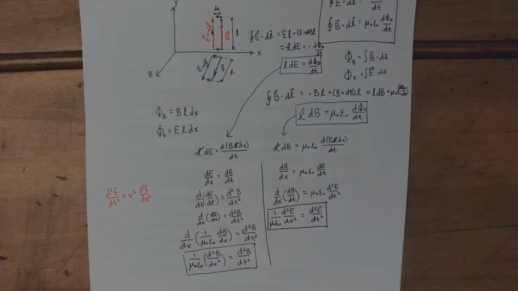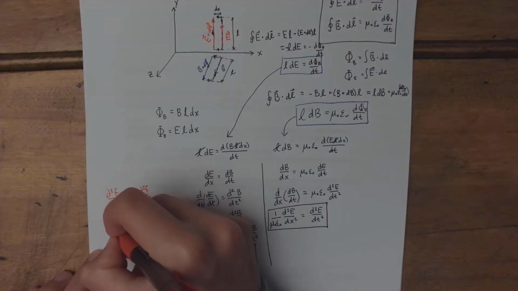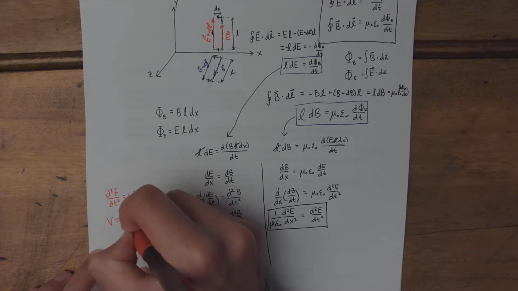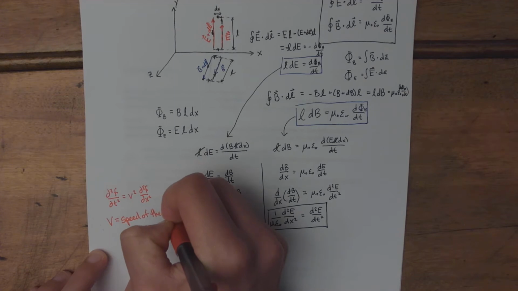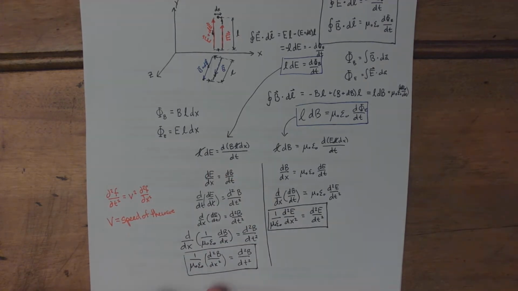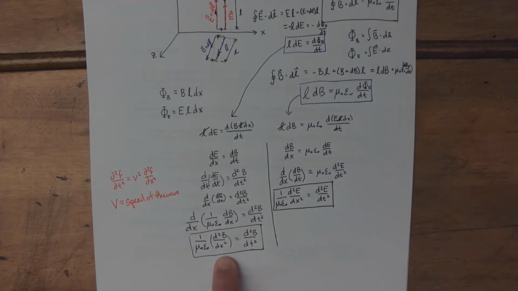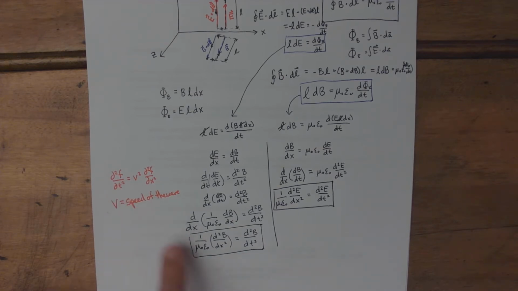Okay, so f is your wave. It's changing in time and also position, and v, very important, is the speed of the wave. So in this equation here, the magnetic field would be our function, f, and the speed squared is 1 over mu naught epsilon naught.